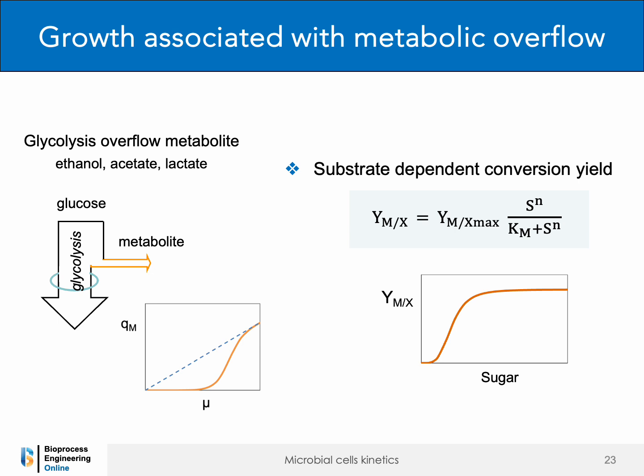This sigmoidal relationship is characterized by a threshold sugar concentration, below which metabolite excretion becomes negligible. The constant Km can be adjusted to simulate the threshold sugar concentration of the microbial cells.